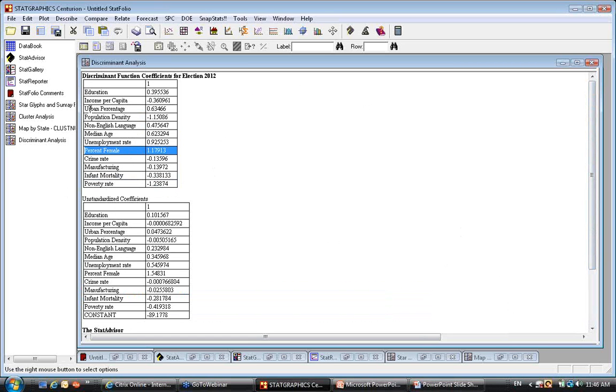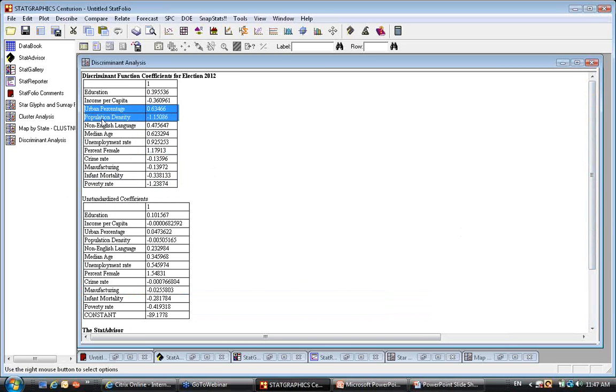Now, you have other problems here. You have the same problems, incidentally, of multicollinearity here that you would have if you fit a multiple regression. Take a look, for example, at the coefficients on urban percentage and population density. The urban percentage coefficient is positive, implying that the more urban areas there are in the state, the more likely it is to go for Obama.